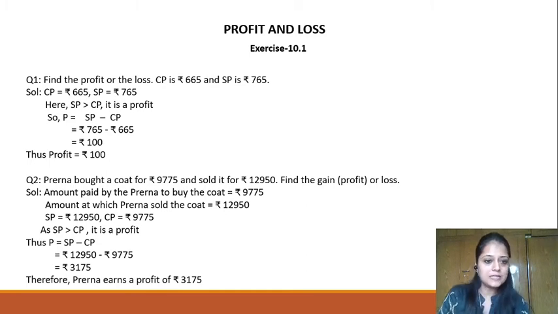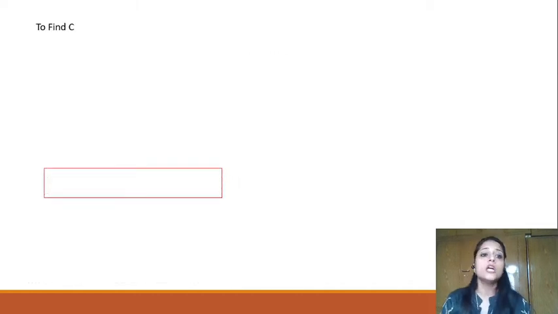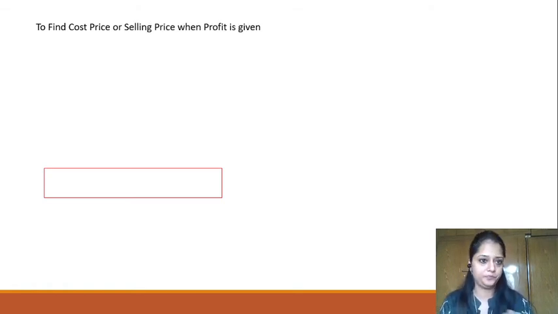So we got selling price is equal to rupees 12,950 and cost price is equal to rupees 9,775. As selling price is higher than the cost price, here profit is incurred. Thus P is equal to SP minus CP, which is equal to rupees 3,175. Therefore, Prerna earns a profit of rupees 3,175.